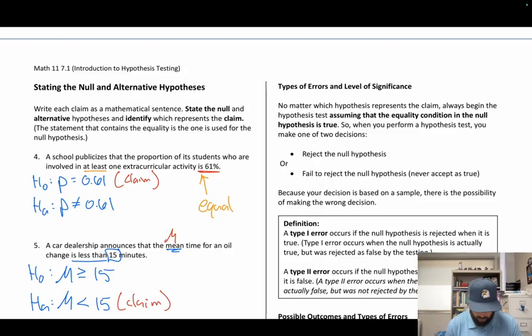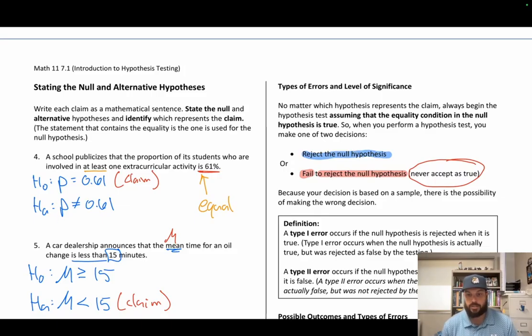We either will reject the null hypothesis, meaning that our alternative hypothesis is true, or we fail to reject the null hypothesis. All right, and this is huge here. We will never accept it as true. We just fail to reject it.